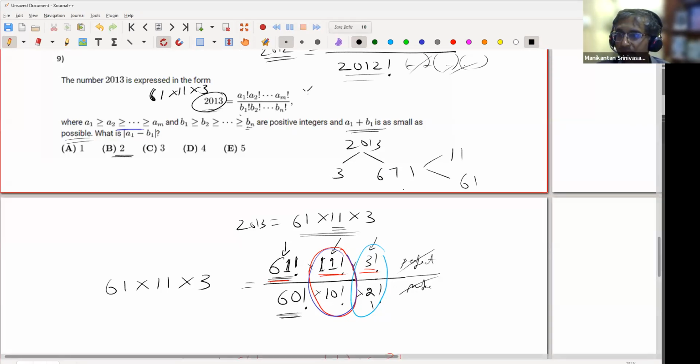It does not have a 59 in it, which means the 59 in the numerator coming from the 61 factorial should cancel off with another 59 in the denominator. And the only way I can get a 59 in the denominator is by having 59 factorial. I cannot generate 59 any other way. But 60 was not the case. I could generate a 60 using a combination of other, smaller numbers. Does it make sense?